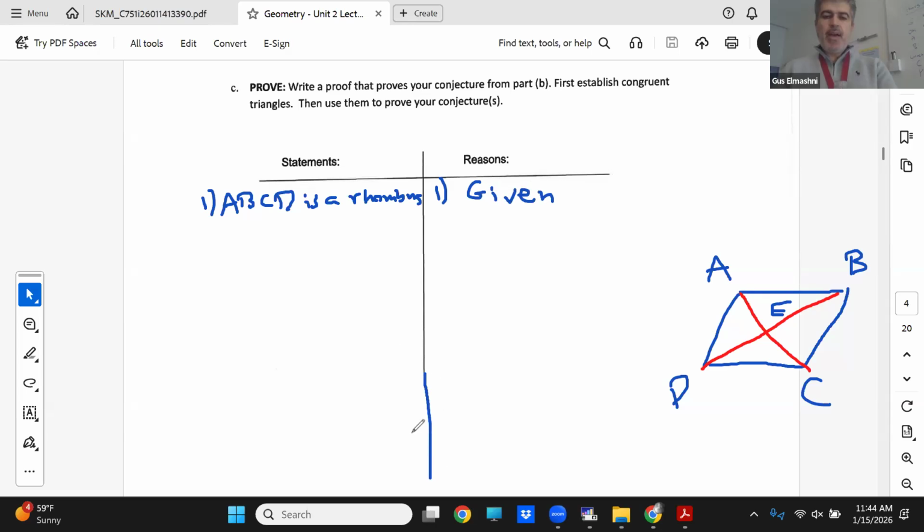I don't know how many steps we're going to have, but we want to prove that AC and DB are perpendicular bisectors of each other.